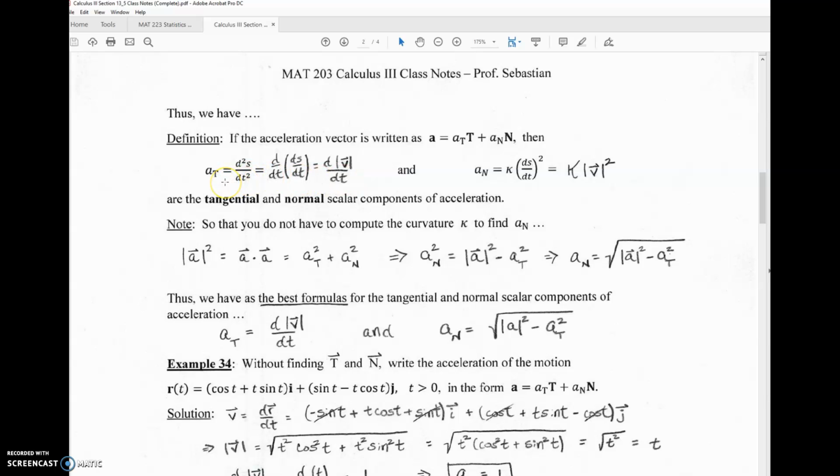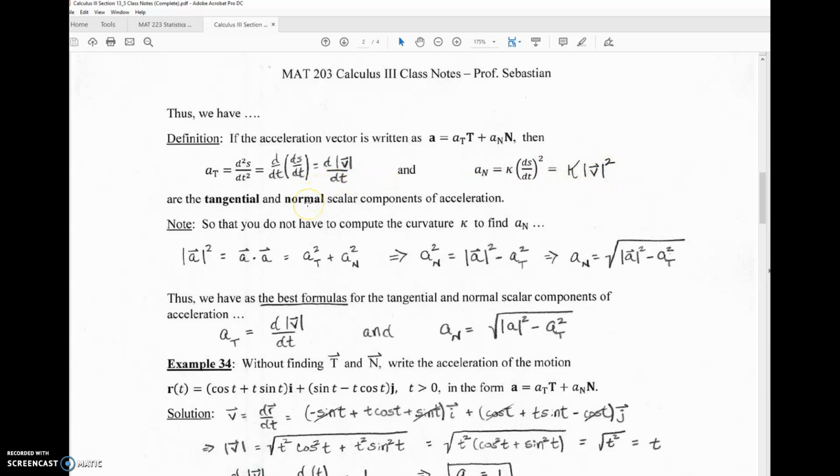We worked out on the previous page how a sub capital T is the second derivative of s with respect to t, which is the first derivative with respect to t of speed, the magnitude of velocity. And the normal component of acceleration is kappa, the curvature, times speed squared, or the magnitude of velocity squared. This one is really not that easy to compute.